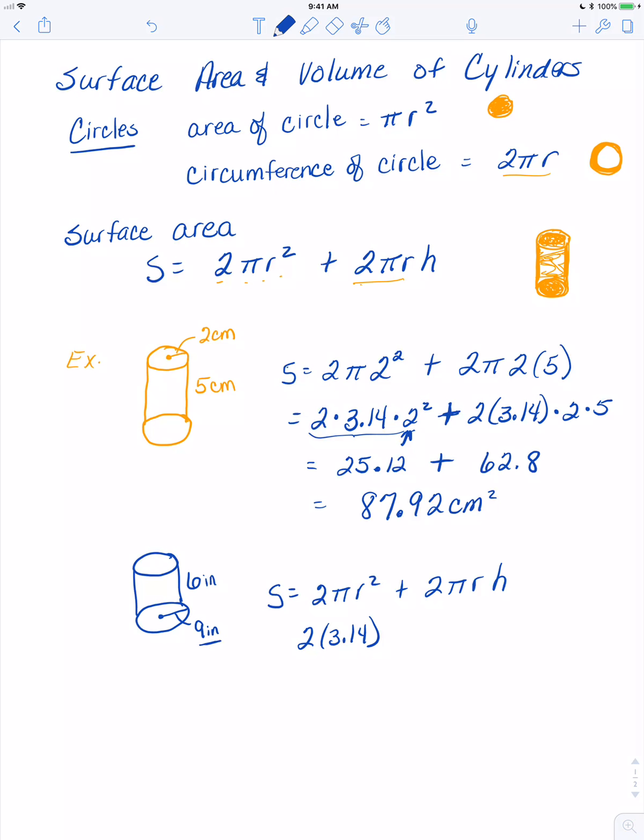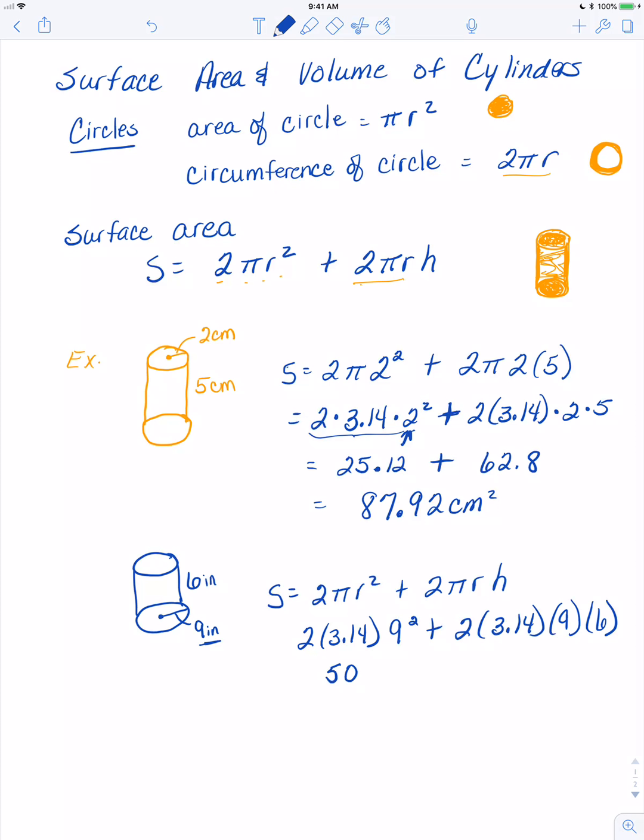The radius is from the center of the circle to the outside, 9 squared plus 2 times pi times the radius times the height of our cylinder. Okay, let's go do all that. Remember, you've got to square that 9 first, then multiply it. You've got to follow your order of operations.